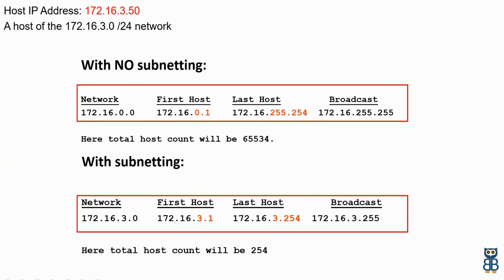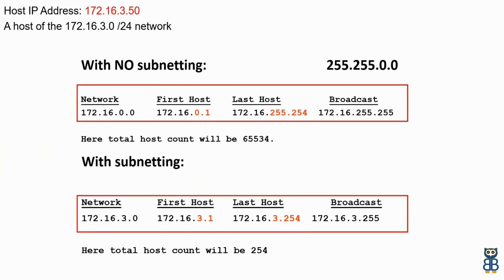Let's take one more example. Here the host IP address 172.16.3.50. An administrator has given an indication that the IP address network mask is /24. If we do not consider the subnetting method, the base network mask will be 255.255.0.0 or /16.